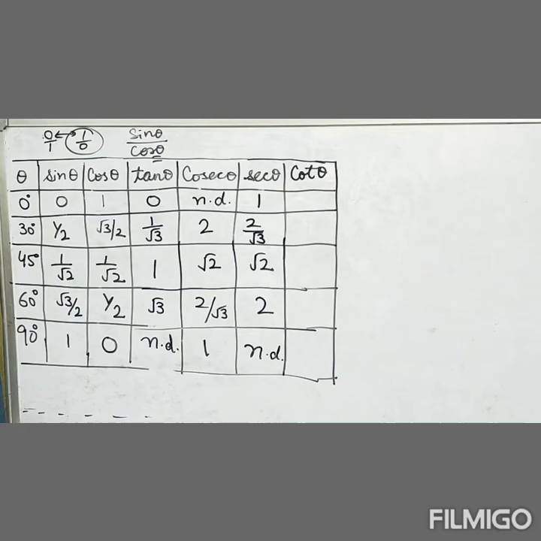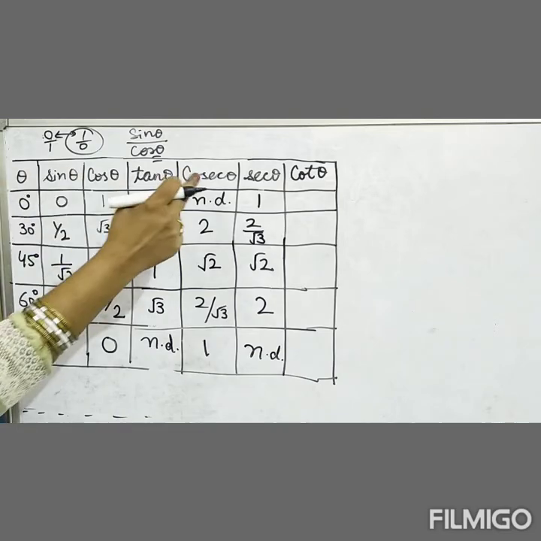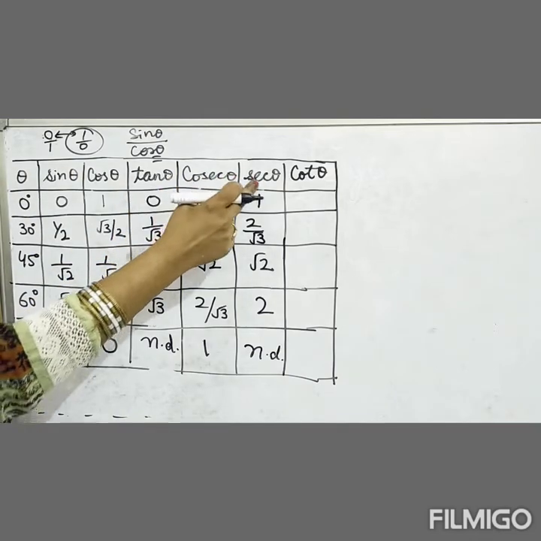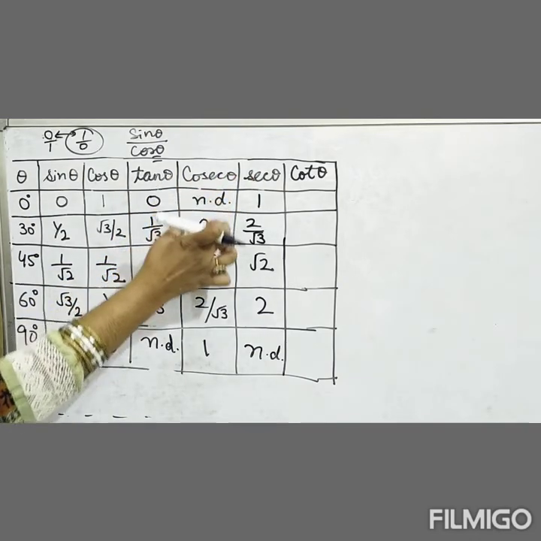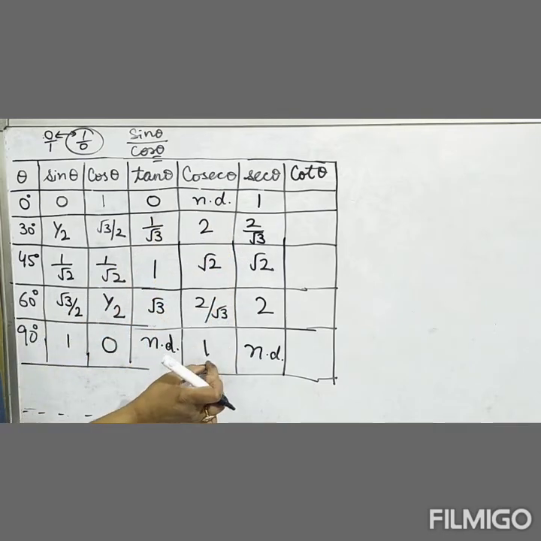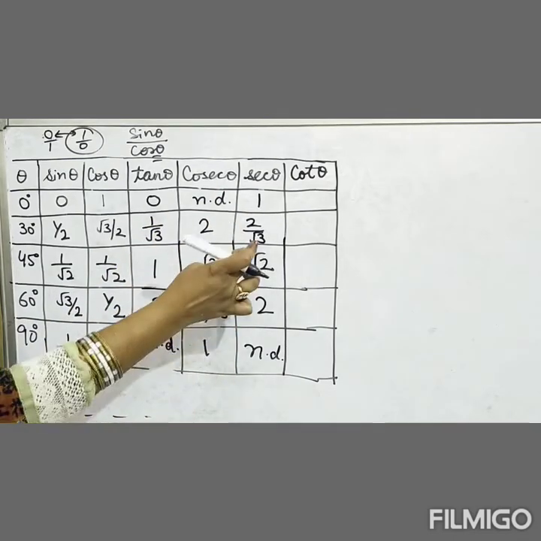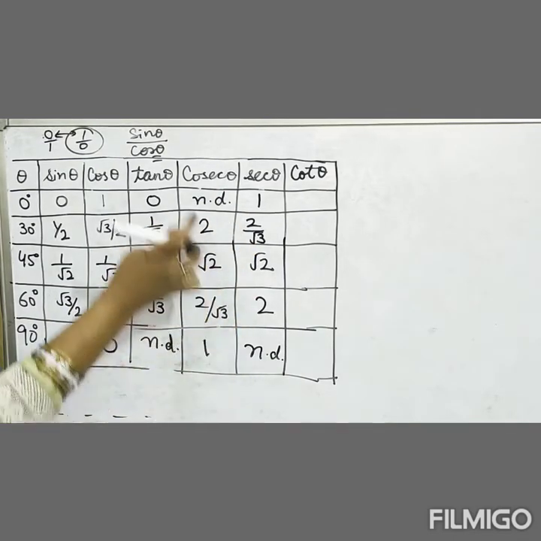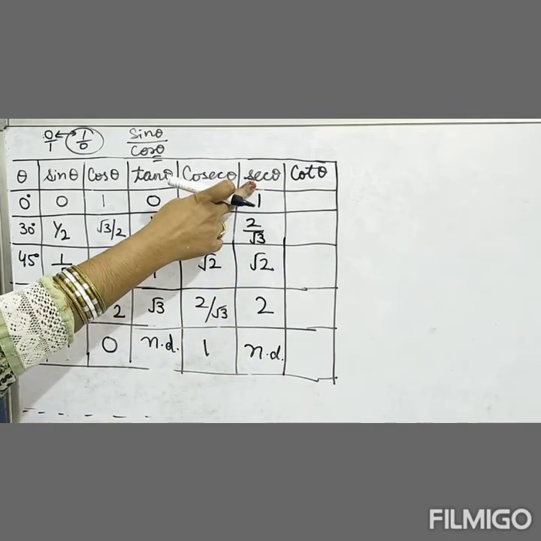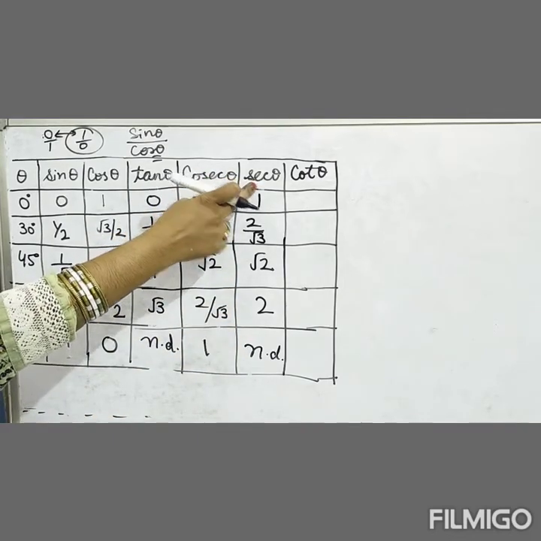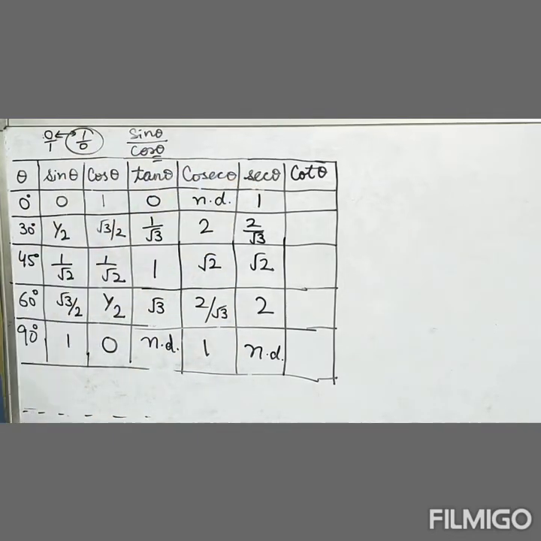Can you see something from here? Yes, these two also are related. This line, if you just start writing from here, you can get the values. Means you can get the sec theta either from cosec theta or by reciprocating the values of cos theta.